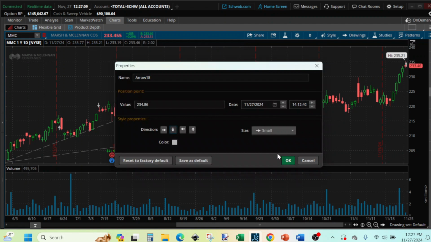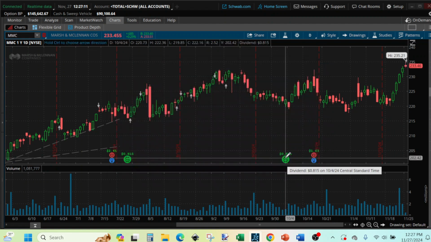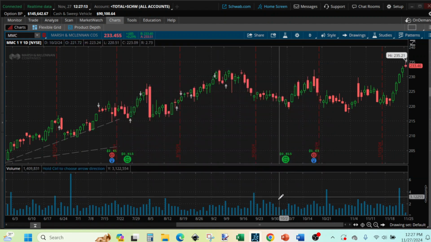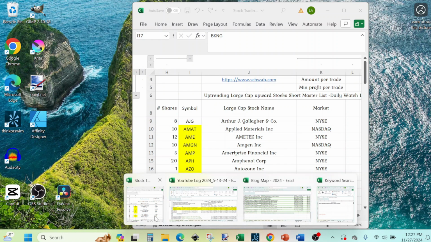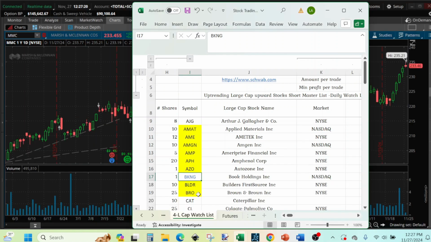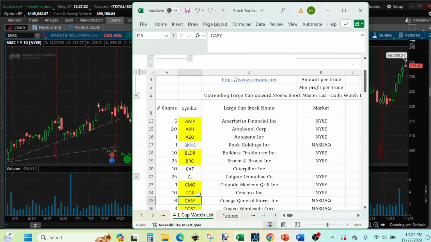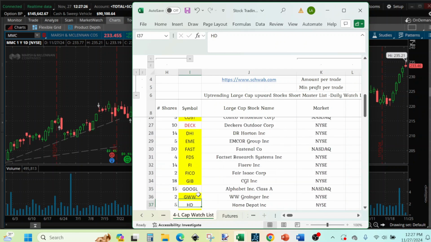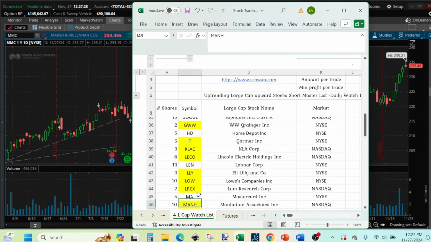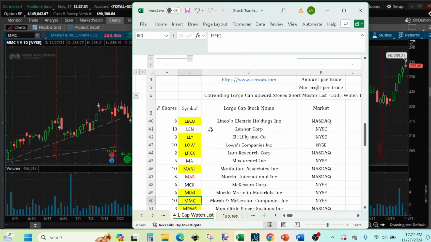So this one is MMC, and MMC has so many days of green, and today we have a pullback there. But I'm going to place the order to sell it because I don't know what will happen tomorrow. I mean, the next time that the stock market opens again, it's not going to be tomorrow. And by the way, happy Thanksgiving to you all.